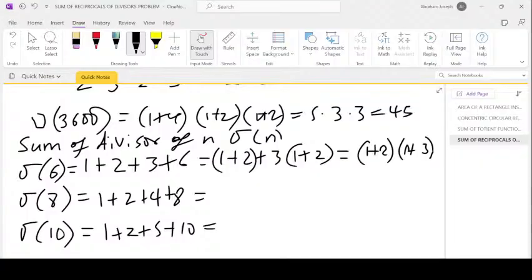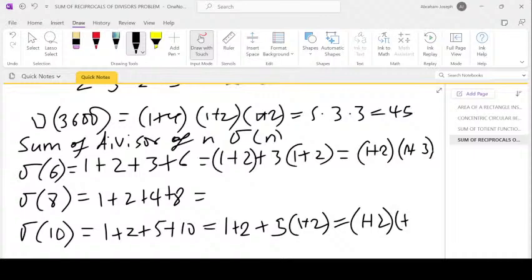So you must make sure that you get all the divisors, and you can use your number of divisors to count if you have actually arrived at the whole number. So this will be 1 plus 2 plus 5 into bracket 1 plus 2. If you factor out, that gives you 1 plus 2 into 1 plus 5.